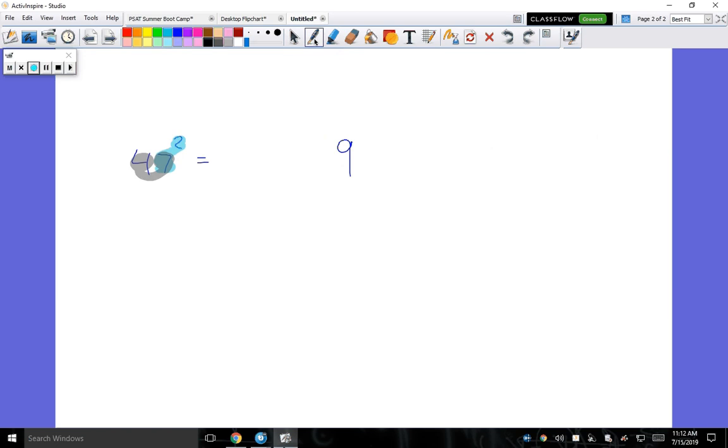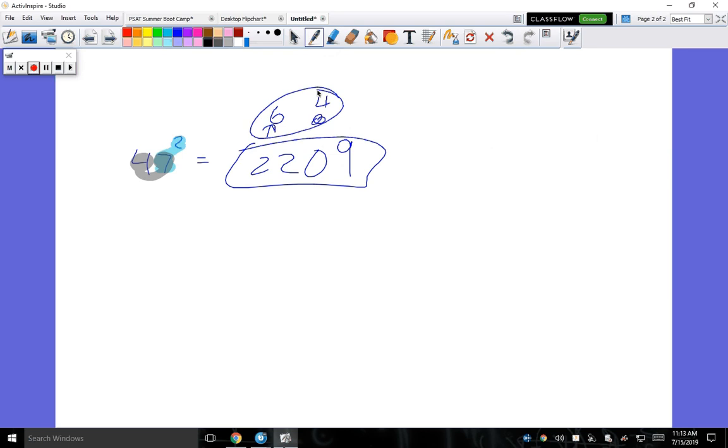What's that? 28 times 2? 56. Plus that carry of 4 that we did, 60. Carry the 6. 4 squared is 16. Plus the 6, 22. Done. Now I only showed this because of instructional purposes. I don't have to show it. I can memorize it and just go through, okay?